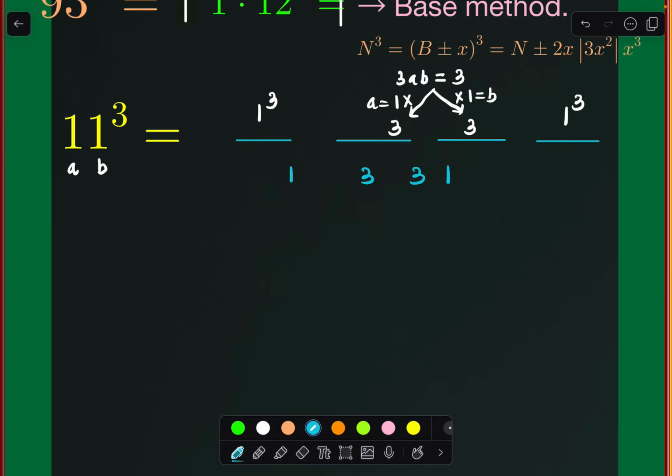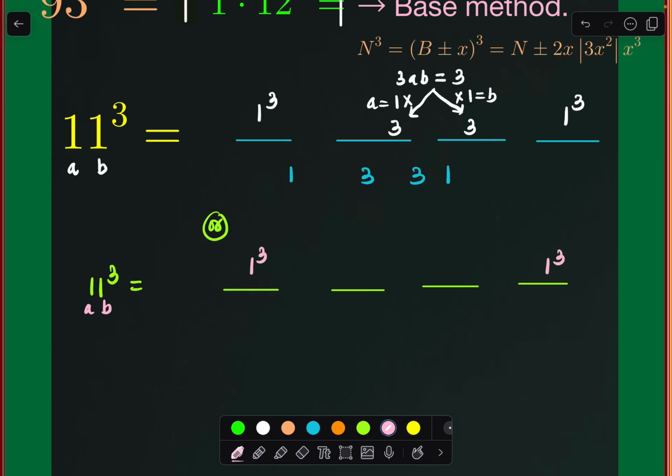The same thing we'll write differently also. Suppose we want to calculate the 11 cube value in normal form using a cube plus 3ab into (a plus b) plus b cube format. Just see that. A cube, where a is 1 and b is 1, gives 1 cube, and b cube is also 1 cube.